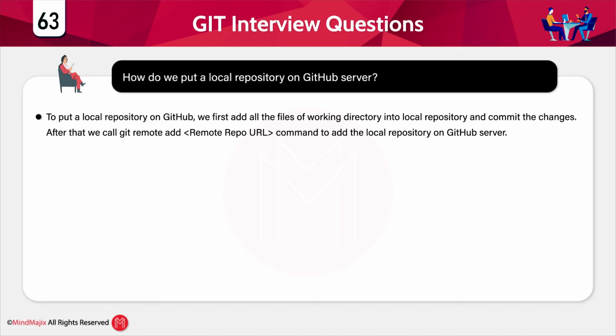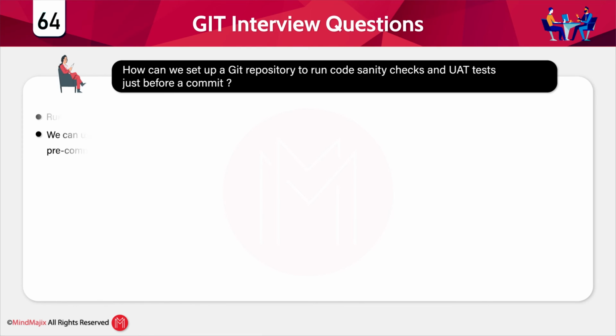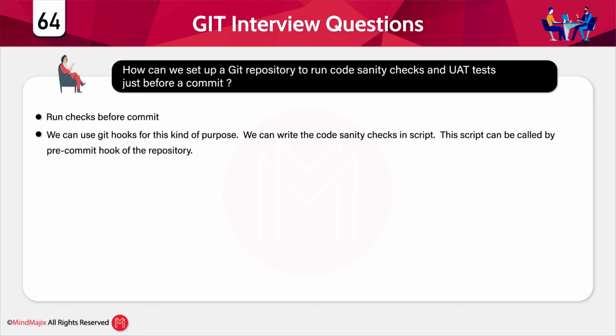This is how we can configure our remote repository with our local repository. Once it is added, we can push the changes of the local repository into the remote repository, that is, the GitHub server.